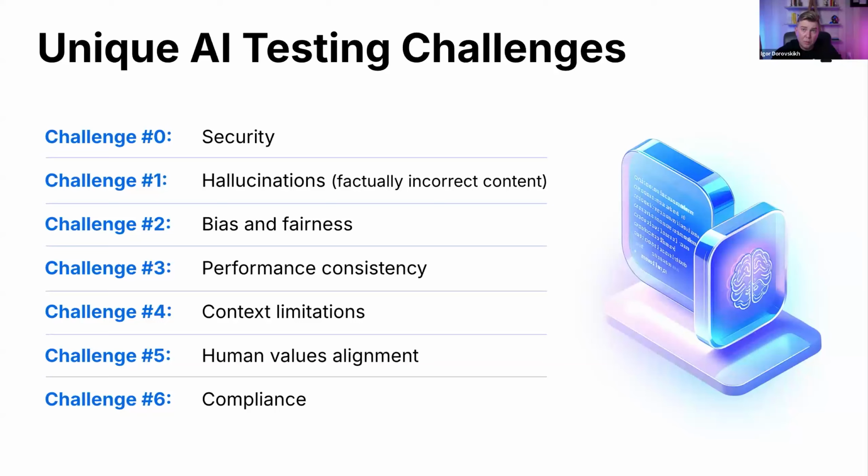Security, number one. Everybody talks about this. Hallucination, you've probably experienced it if you use ChatGPT, Grok, any product. Bias and fairness, it's a big one. Performance consistency, an evaluation of the model against the business objective. Context limitation, we're talking about the context window.